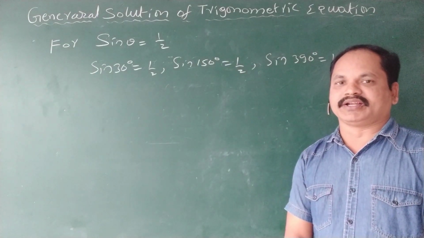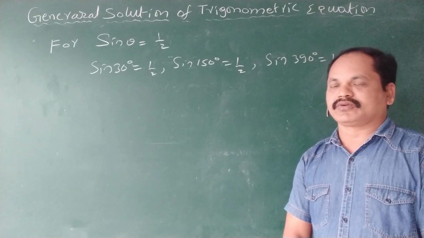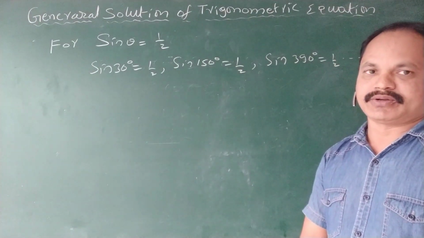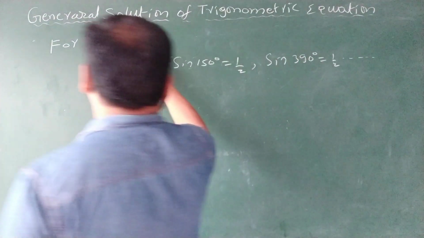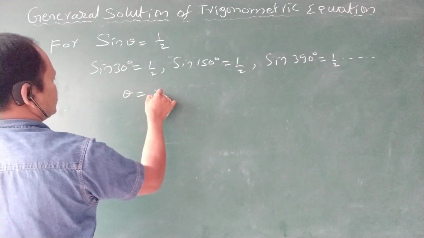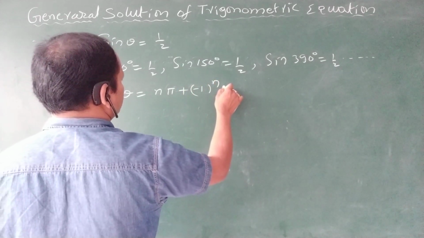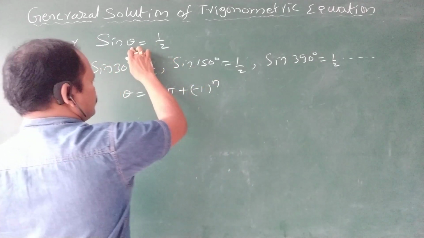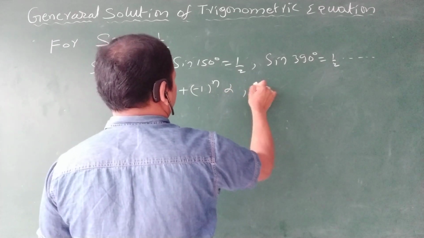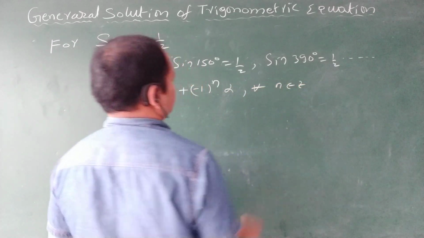So we have to identify the general solution for sin theta is equal to 1 by 2. That is, theta is equal to n pi plus or minus 1 power n into alpha, where alpha is the principal value, for all n belongs to Z.